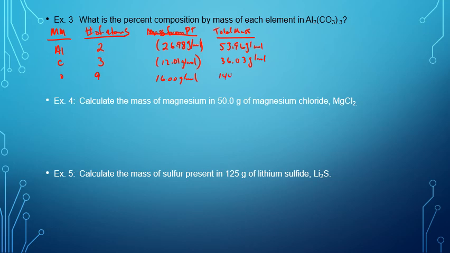So I have 144 grams per mole for oxygen. So if I add all those together, 144 plus 36.03 plus 53.96, that gives us 233.99 grams per mole.